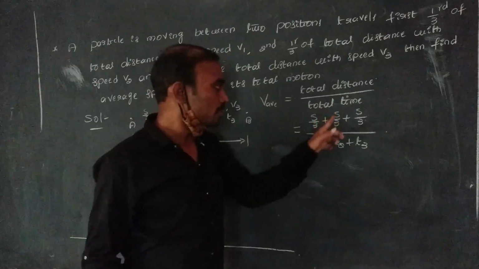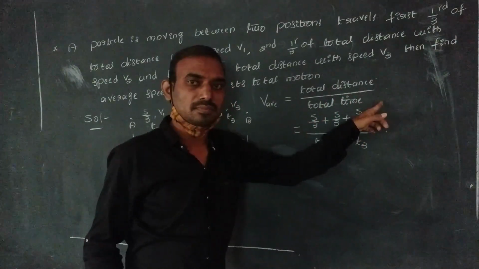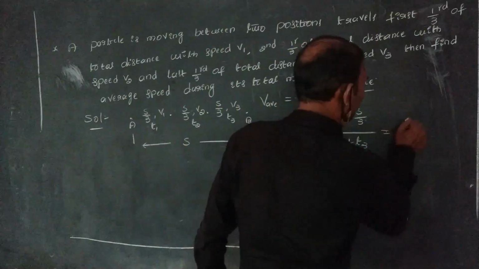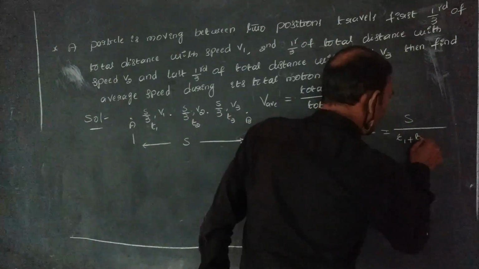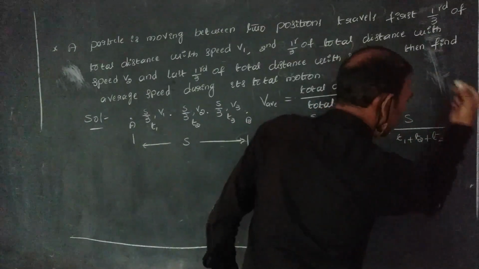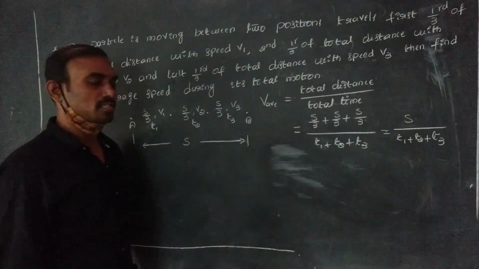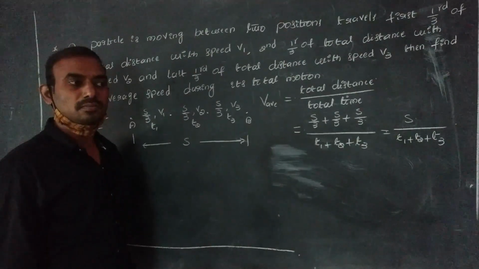S by 3 plus S by 3 plus S by 3 is 3S by 3, nothing but S. So that equals S by T1 plus T2 plus T3. Right?